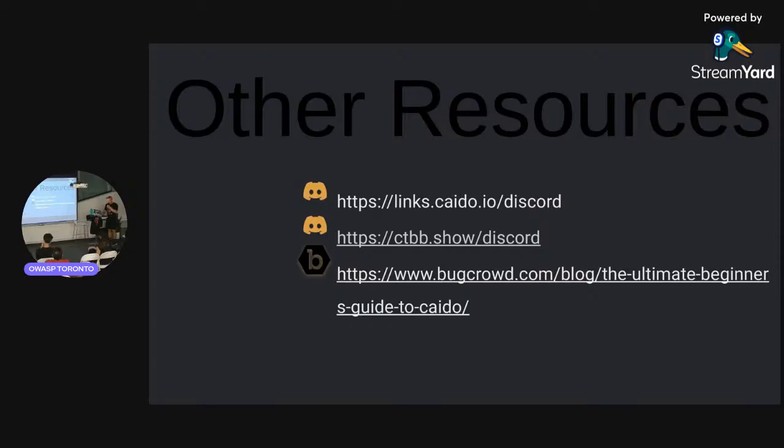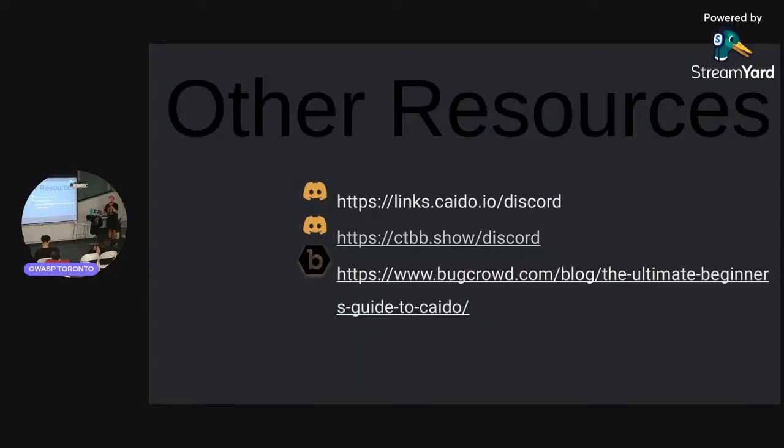Outside of that, in terms of other resources that I read and value, Caido has an awesome Discord community, and we have a channel for each plugin, so if you need plugin support, or just a general banter channel, it's a great place to hang out. There's also the Critical Thinking Bug Bounty podcast, with Justin and Rezo. If anyone listens to it, those guys are awesome, and I listen religiously.